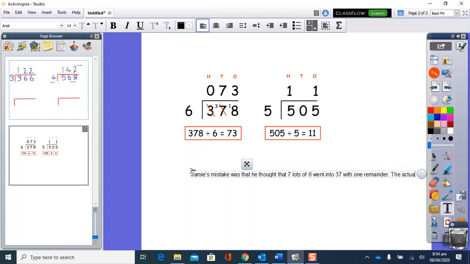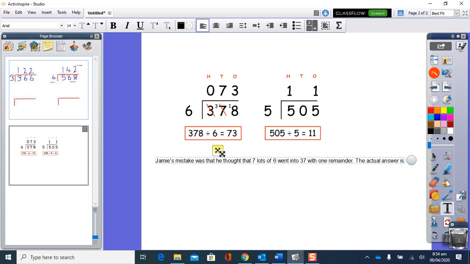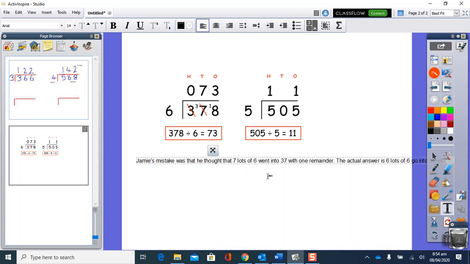And I'll say the actual answer is 6 lots of 6 go into 37 with 1 remainder. Okay, so that 7 should actually be a 6. And now it definitely passes on the 1 because it's 1 left over between 36 and 37. And 6 into 18 does go 3 times, so that's his only mistake there.